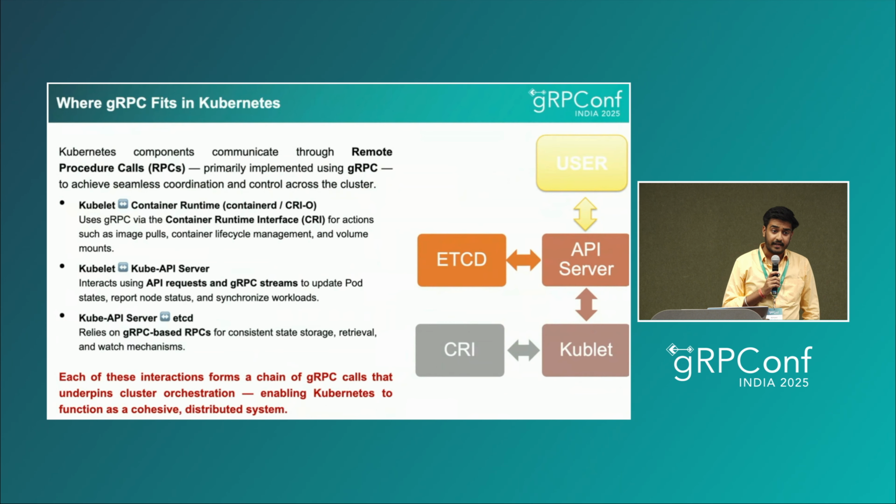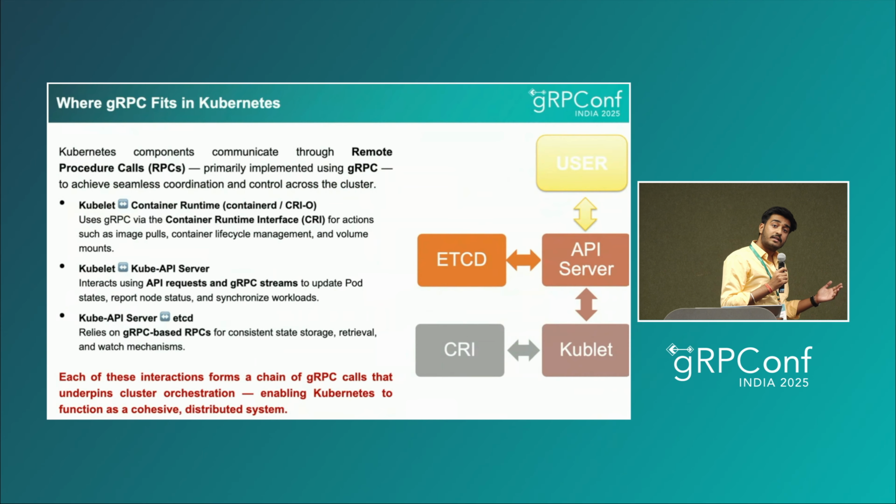Once the node is assigned, the kubelet then communicates with containerd using a series of gRPC calls. The kubelet invokes various methods like pull container image, create container, start container, and fetch the container status. All these communications between the kubelet and containerd, or the CRI, happen via the gRPC protocol.